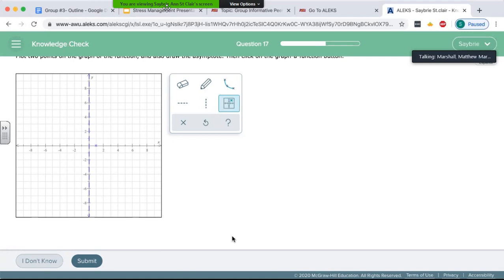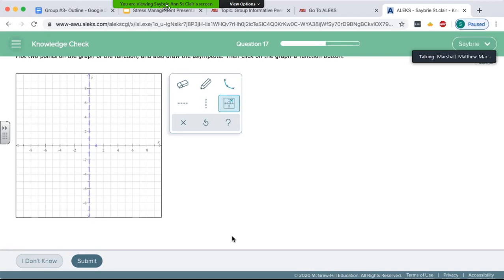Looks like positive 40, but I don't know. Yeah, you can't drag it up there to 40. So maybe another point there.